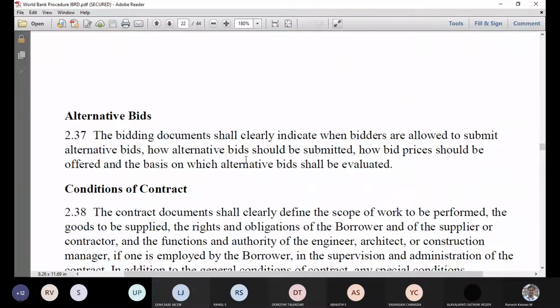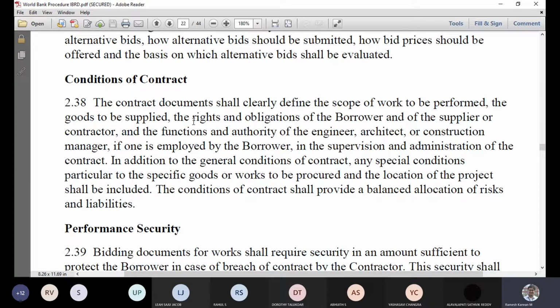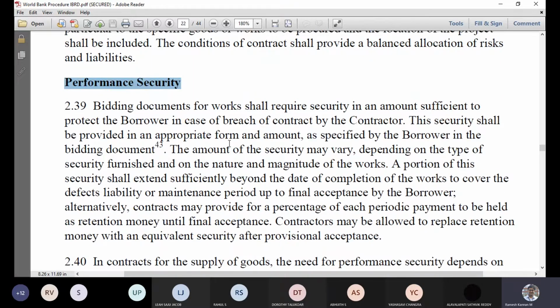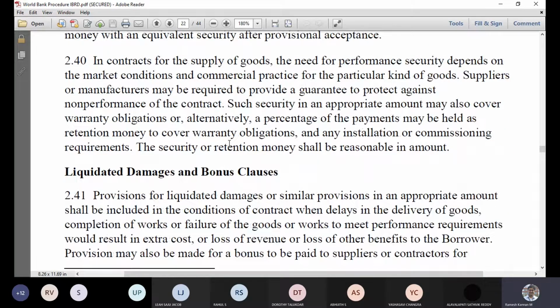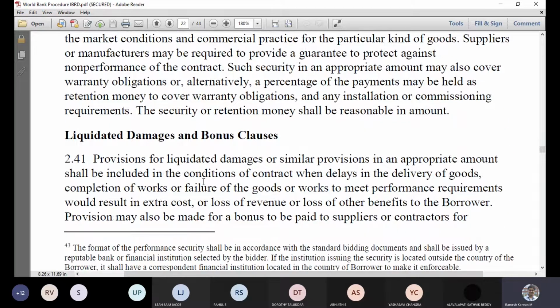Alternative bids. In case they can't submit as per the procedure explained, they can also request some other means of submission. And conditions of contract, which is very important, like performance security and liquidated damages. What happens if the contractor becomes insolvent, or when the contract is delayed in delivery of goods or completion, or there is failure of goods or something like that.